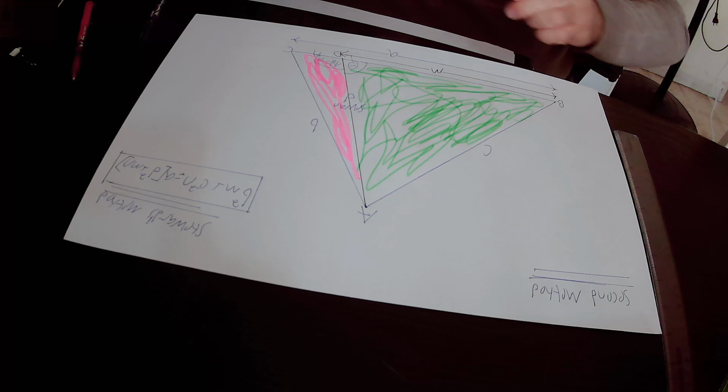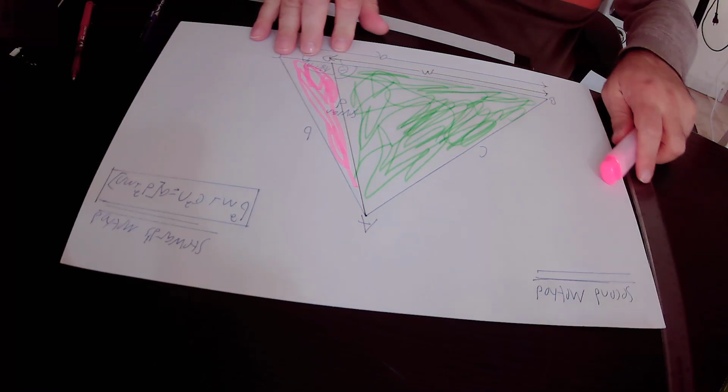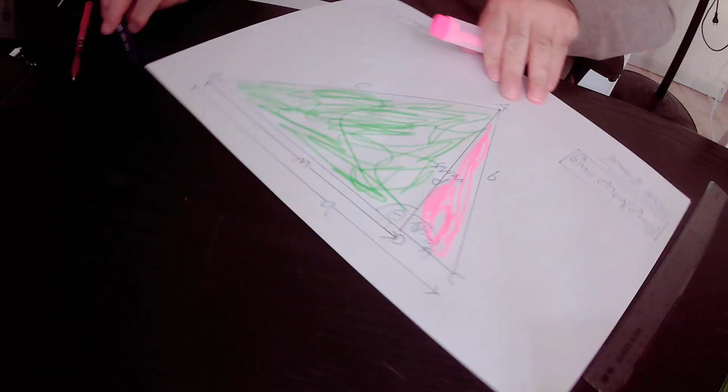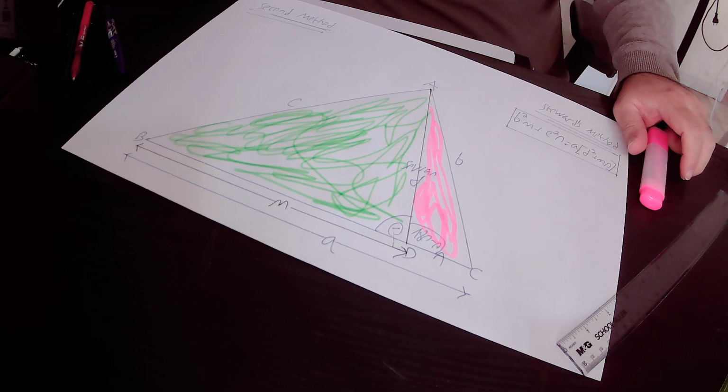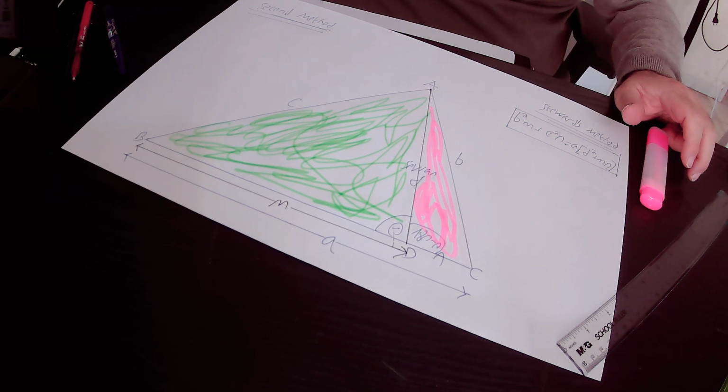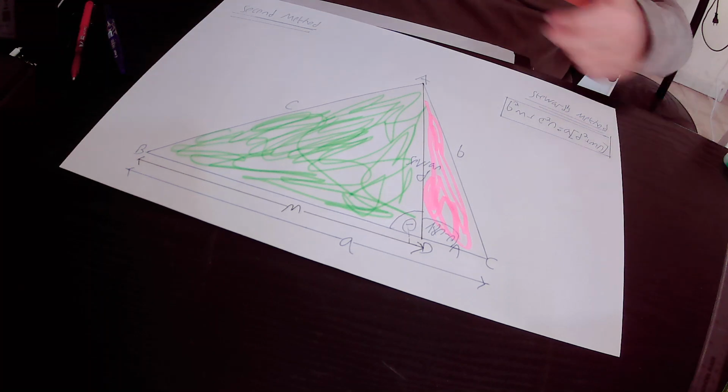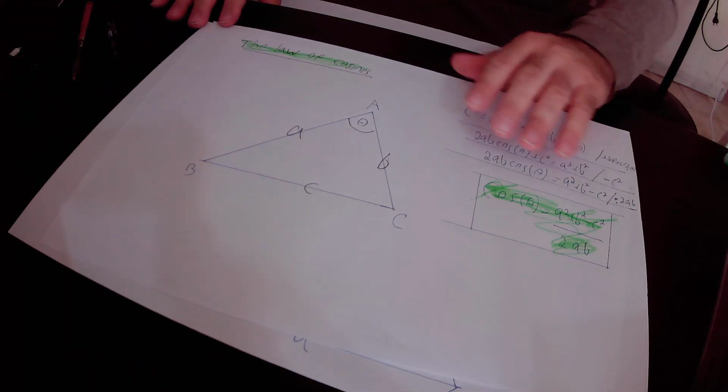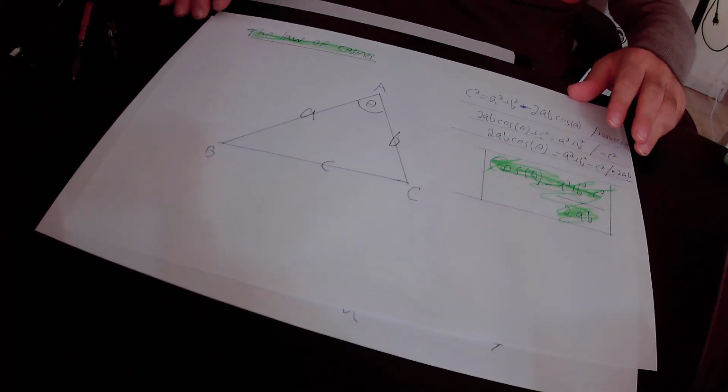I remind you quickly what the law of cosines is. Actually, the law of cosines is true in any triangle. So this is triangle ABC, that could be any triangle.